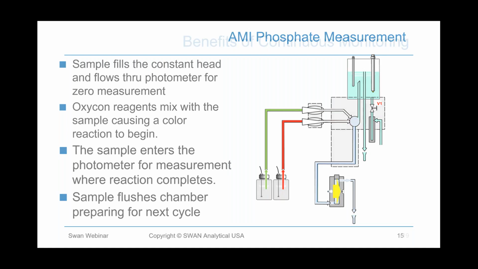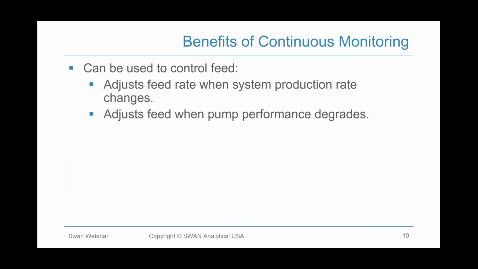So some of these benefits of continuous monitoring are things we already know. We can adjust the feed rate when production rate changes. We'll look at that. So as our flow from our plant changes, we can automatically change our phosphate, and we can adjust the pump when performance degrades. So if our flow goes down, then we can change that down.